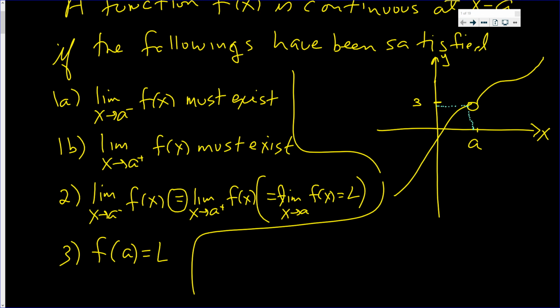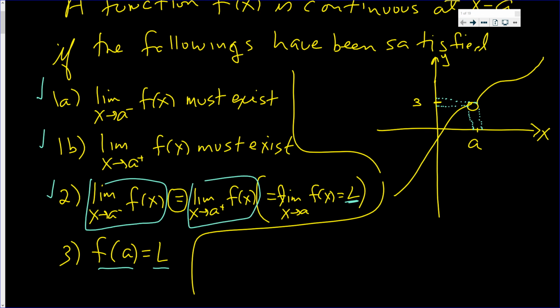From a little bit bigger than a, I'm also close to 3. So 1a exists, 1b exists, and they both equal 3. However, f of a is not 3. L is 3 in this case. We said L was the common limit, and in this problem, the common limit was 3.